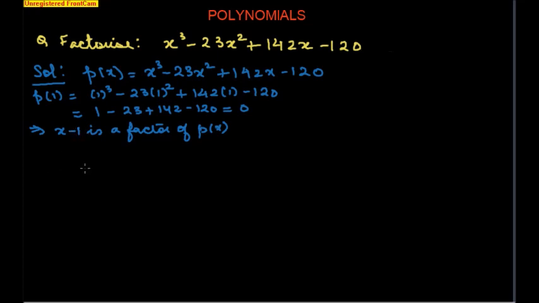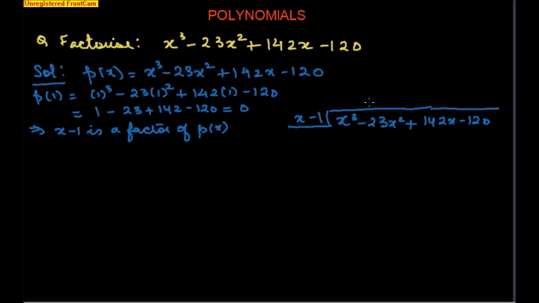If this is a factor, then we find the remaining factors of the polynomial by long division. I divide the given polynomial by x minus 1. When you divide this, again we see the first term of this polynomial and first term of this, that is x cubed divided by x.